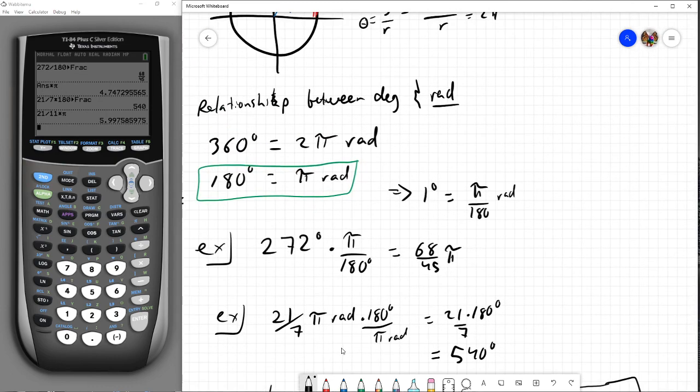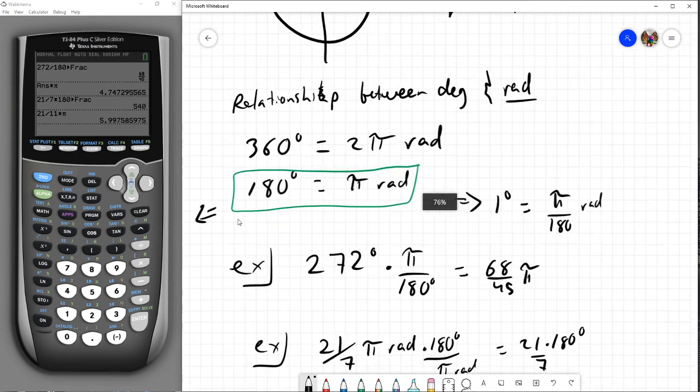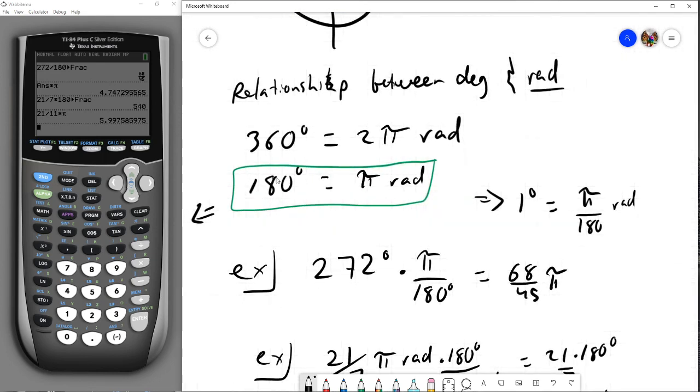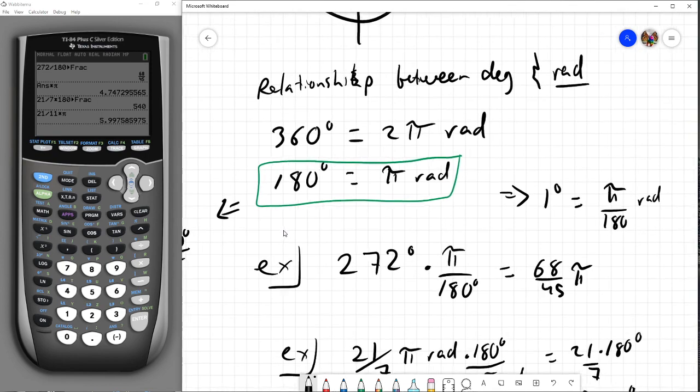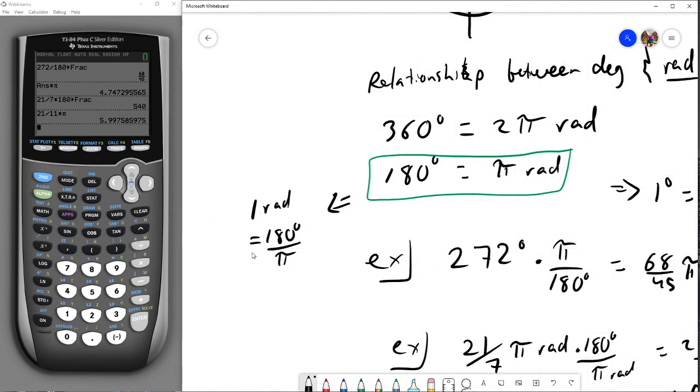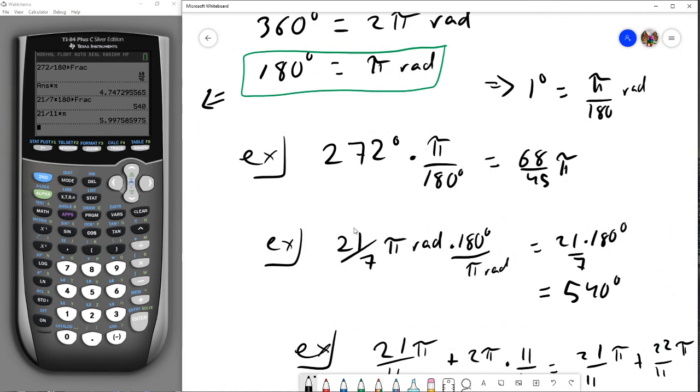So we can summarize. We have our fun fact right here. Pi radians is equal to 180 degrees, and we can interpret it in these two manners here in order to do our unit conversions.